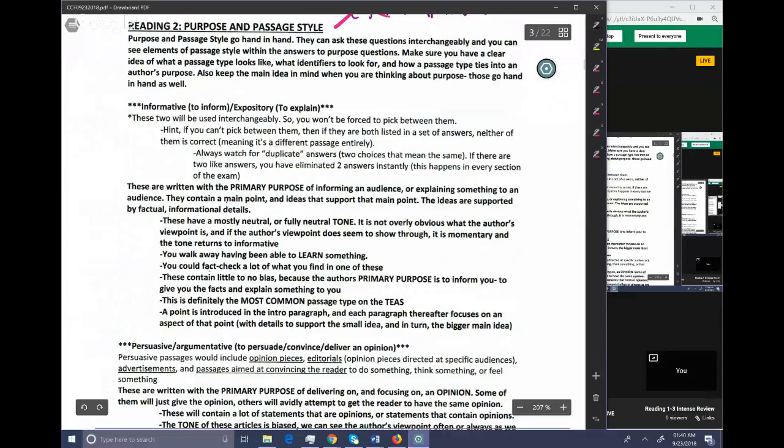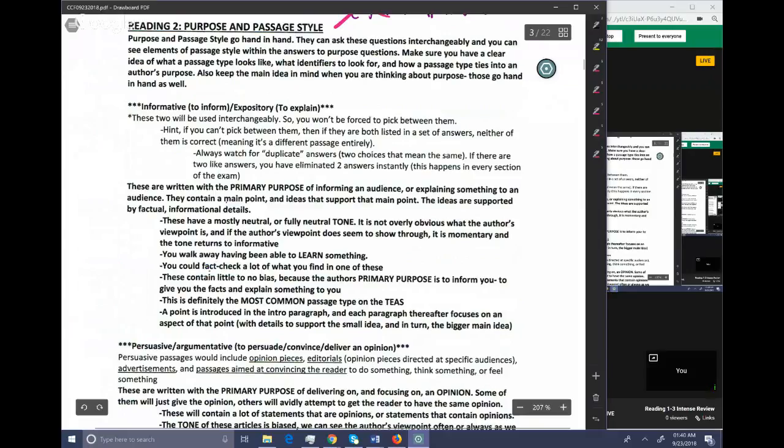You could fact check a lot of things that are found in an informative. Again, with that little example that I just gave, there's nothing you could fact check with that. It was all pondering and, gee, does history do this? Do people think differently when something happened a long time ago? It was all sort of questions rather than anything that you could fact check.